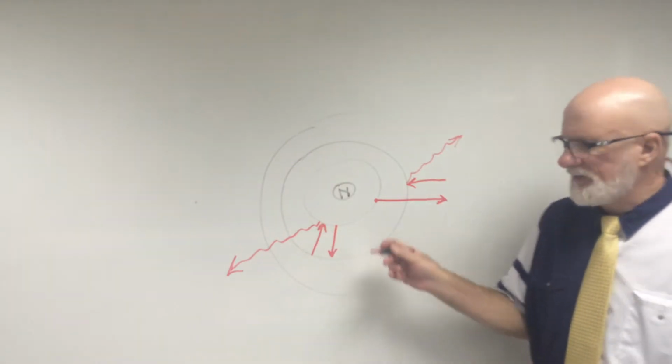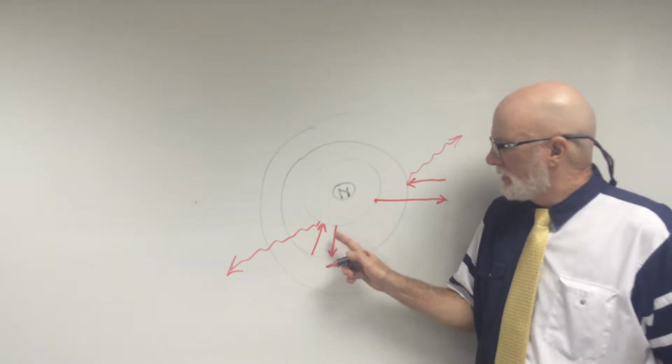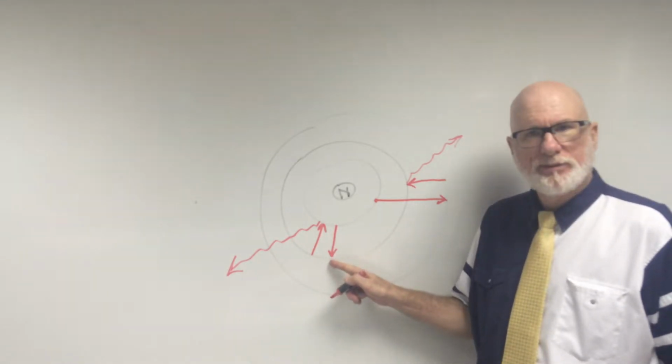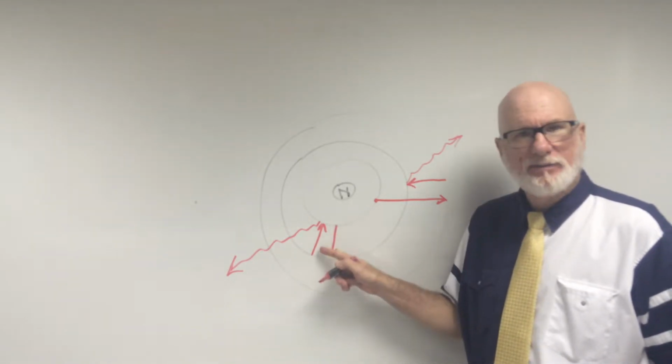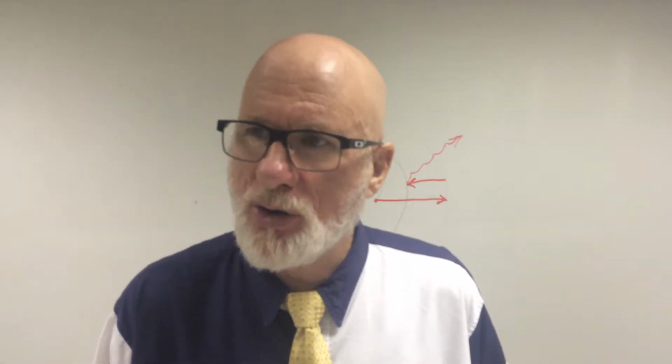Well, what happens is if I irradiate this atom with energy, the electron's going to jump, and then it's going to go back to the level. So I irradiate it with an enormous amount of energy, much more energy than I need. But the electrons are only going to absorb a specific amount, a quantum of energy.